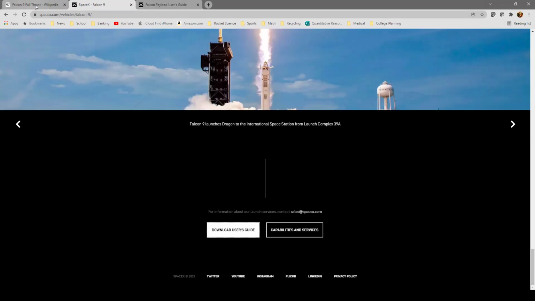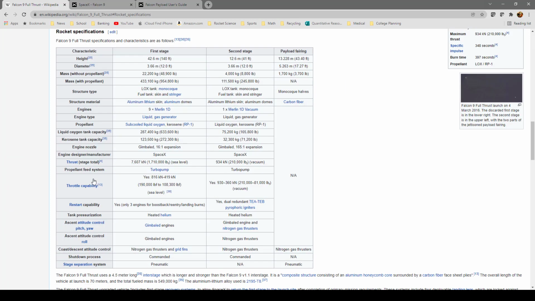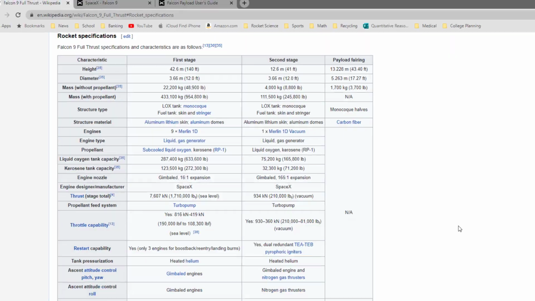So we'll go to another good source, Wikipedia. This is rocket specifications, first stage, second stage, mass with propellant, 433 metric tons and about 112 metric tons. So I think the actual values are fairly close to these theoretical values that we've just calculated, particularly considering the number of simplifying assumptions that were made.